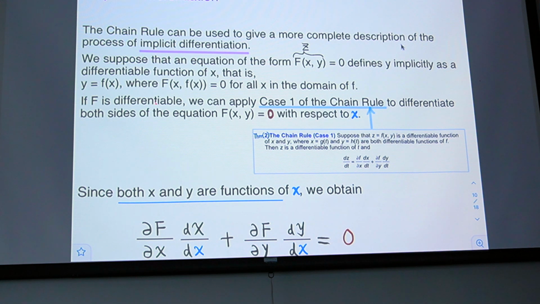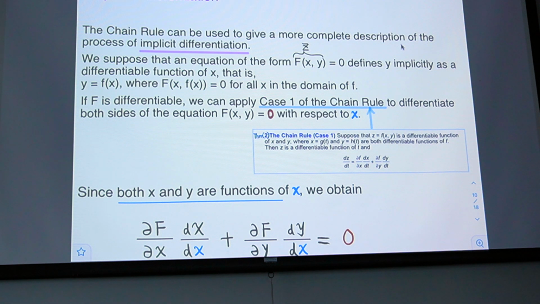So we differentiate both sides of this equation, f of x comma y equal to 0. Now I'm going to ask you guys, what happens if you differentiate this with respect to x? What happens if you differentiate a constant with respect to x on this side?